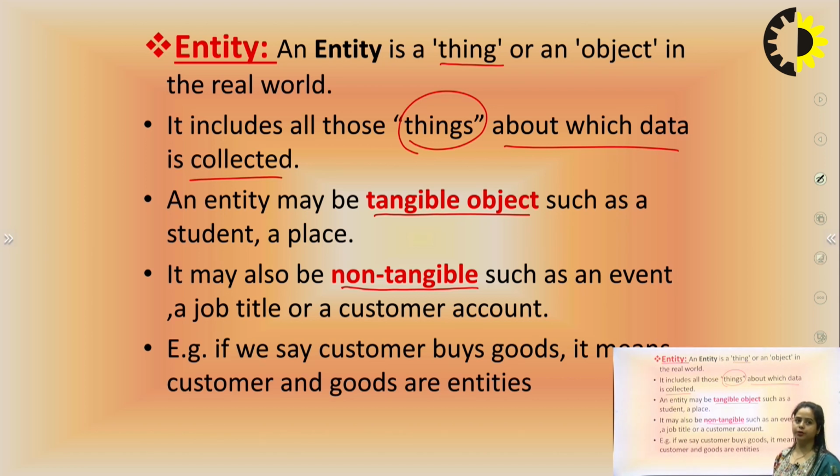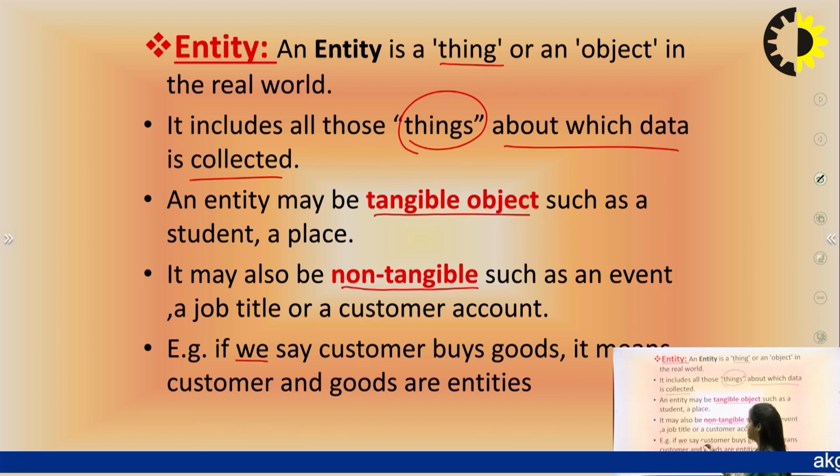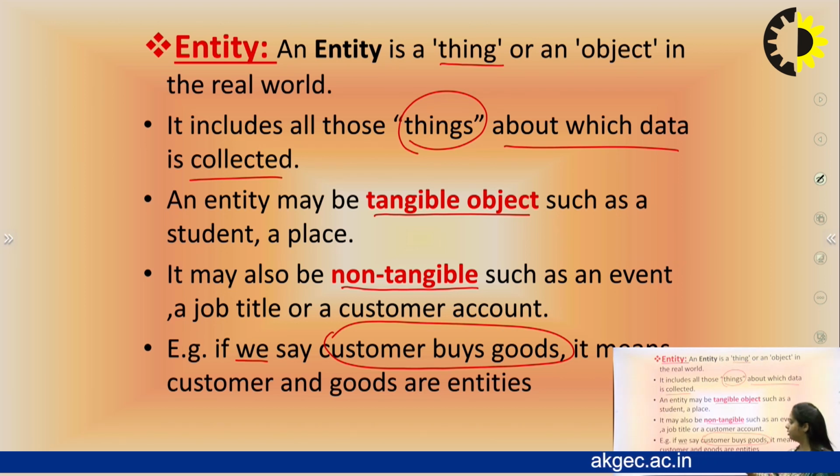Let's have an example. If we say a customer buys a good, in this statement customer and goods both represent entities because they are things or objects. So customer is one entity and goods is another entity.